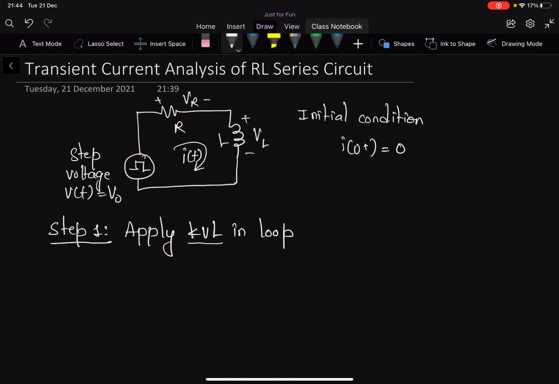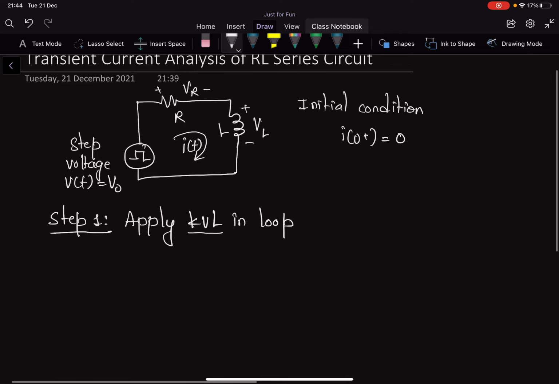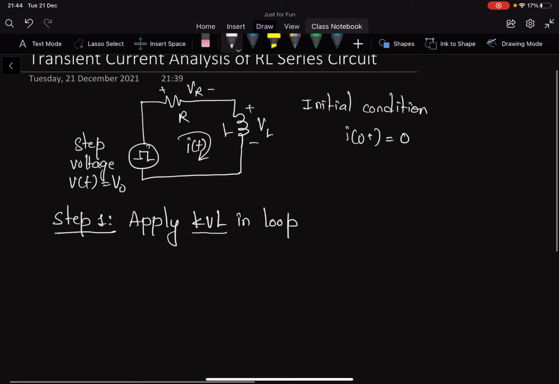KVL stands for Kirchhoff's voltage law, and it states that the sum of the voltages inside a closed loop must be equal to 0. If we apply KVL in this loop, the voltage V naught is dissipated in the resistor and inductor, meaning the voltage across VR plus VL is going to be the input voltage.